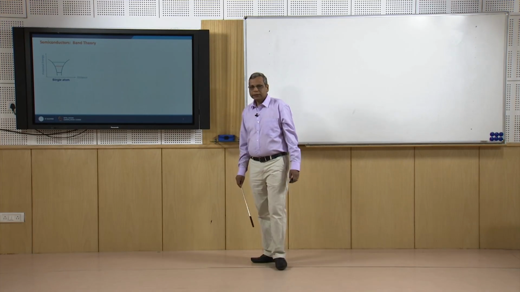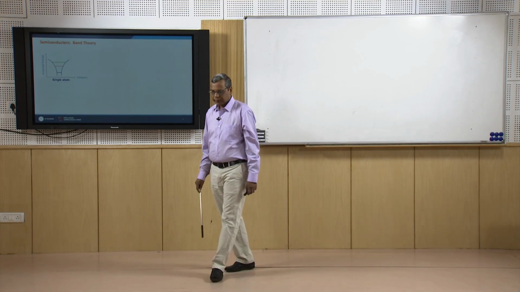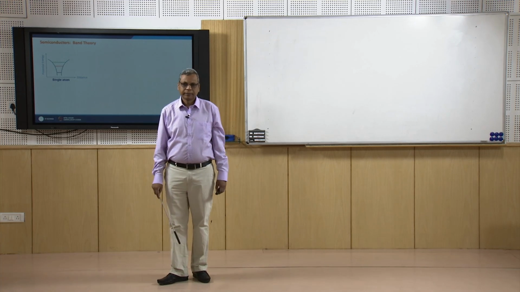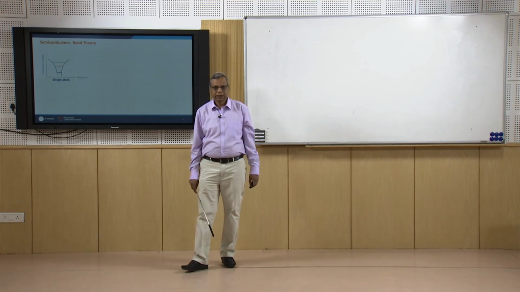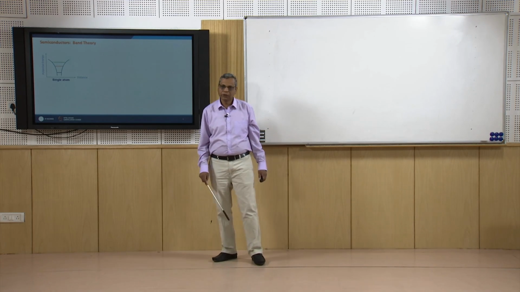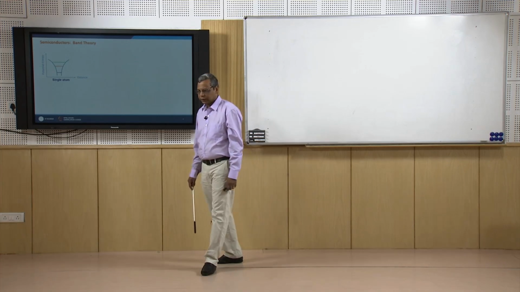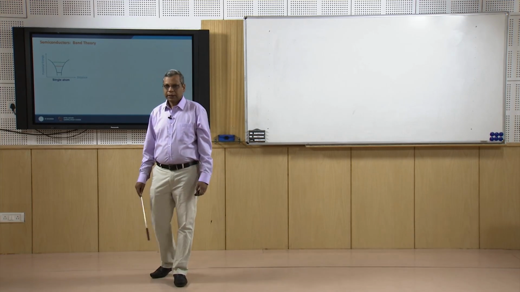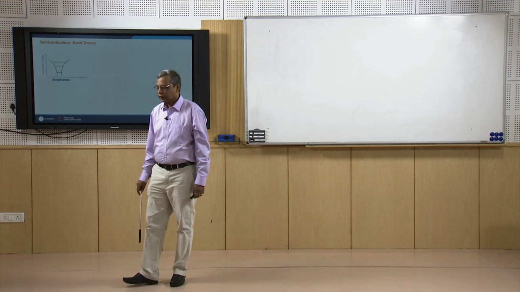In semiconductors we have bands. How does a semiconductor conduct electricity, how does its conductivity change with temperature, how does its conductivity vary with doping? To understand that, we will have to look into the energy bands of a semiconductor.